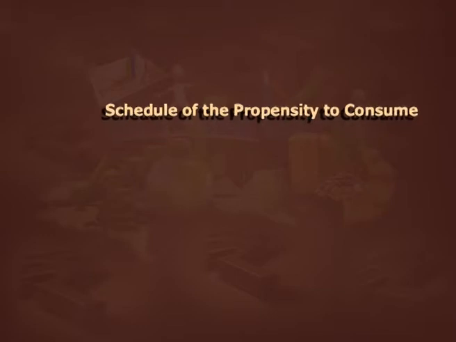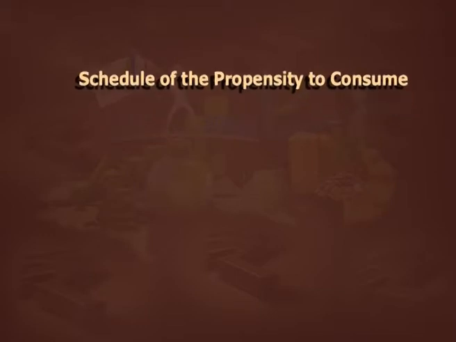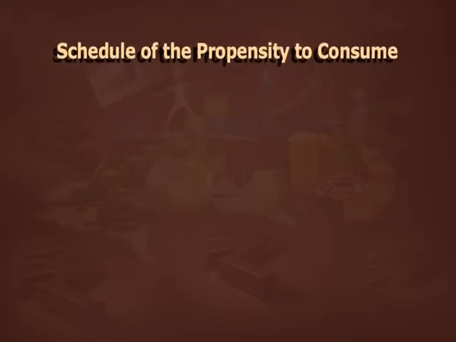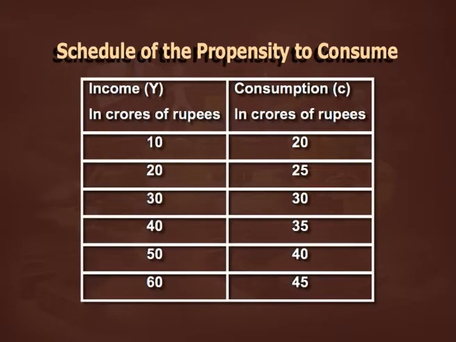Schedule of the propensity to consume. Let us understand the schedule of propensity to consume with the help of an example. With the income of rupees 10 crores, we have a consumption of rupees 20 crores.